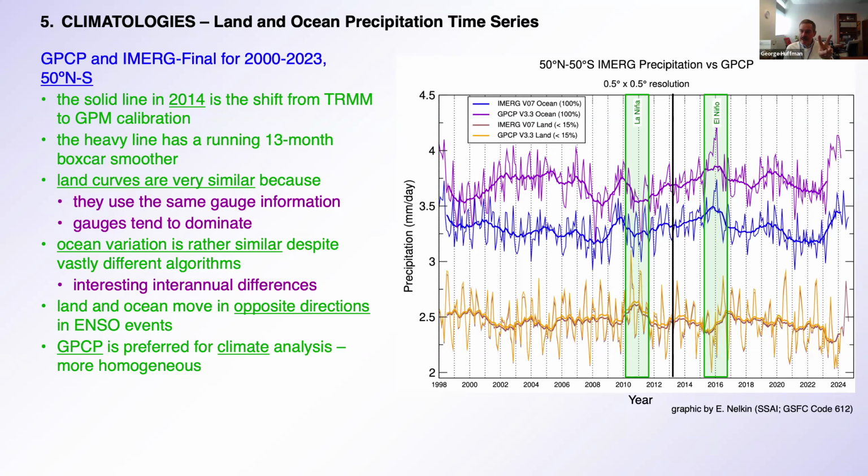So we do two calibrations. Before we even get to computing precipitation, all of the input radiometers have been intercalibrated to the GMI. Then we do an intercalibration at the precipitation level to the combined radar radiometer, which should be the best estimate.